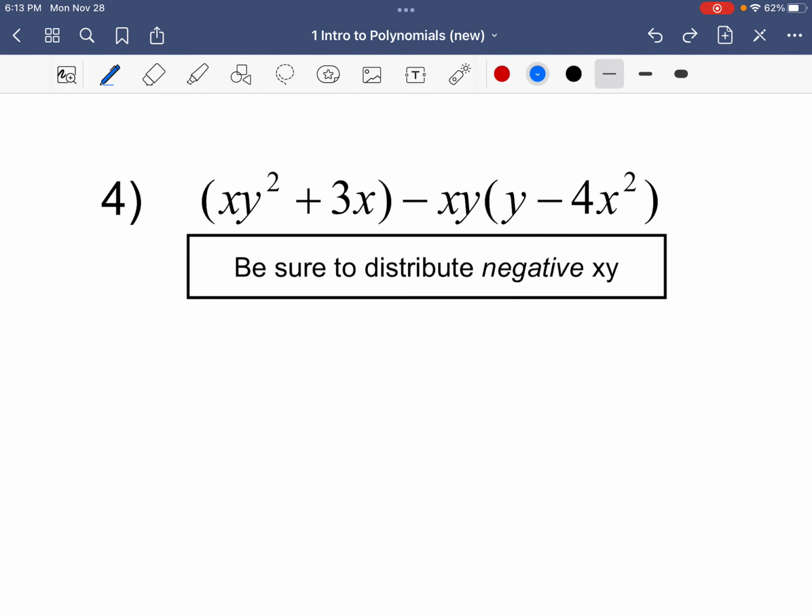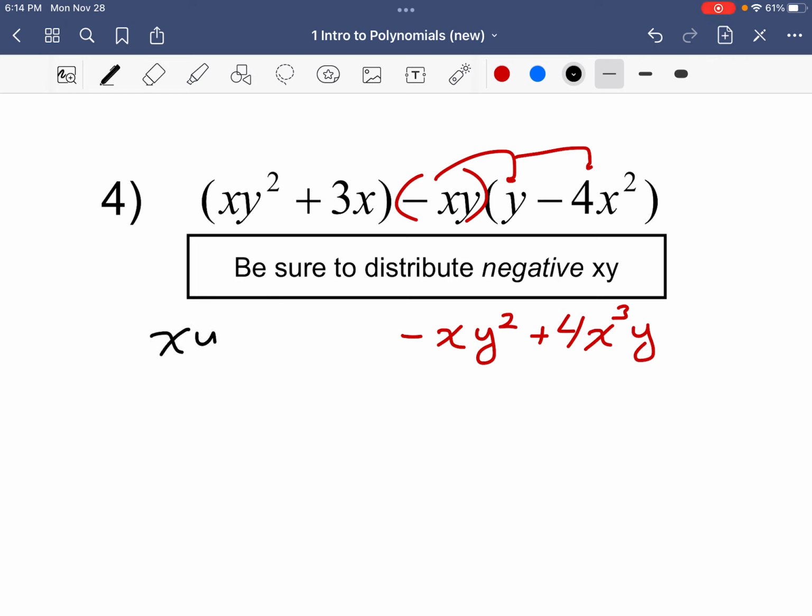Here we have a problem that combines both the distributive property with some additional addition and subtraction. Now make sure you distribute negative xy. Negative xy times y is negative xy squared. But it's going to be positive 4x to the third times y.